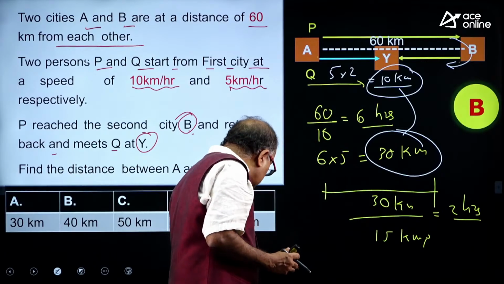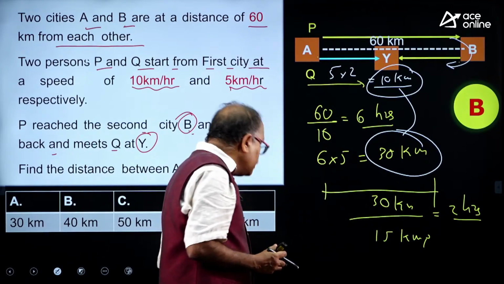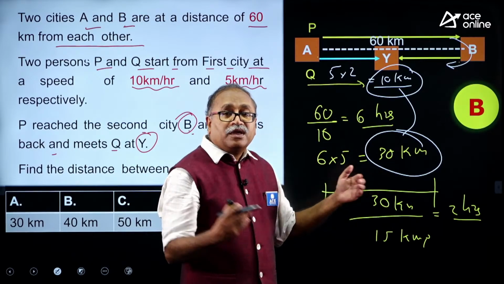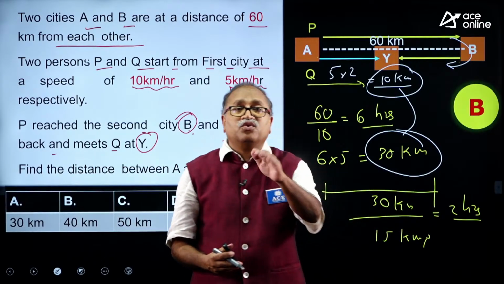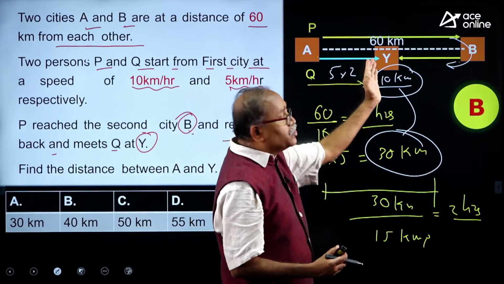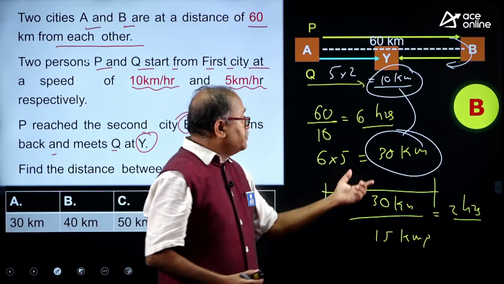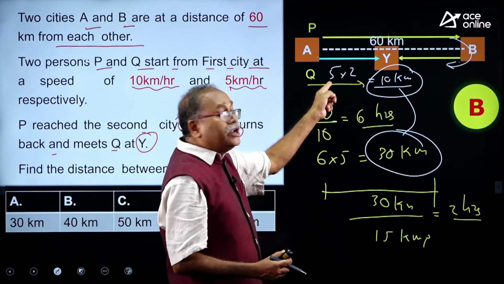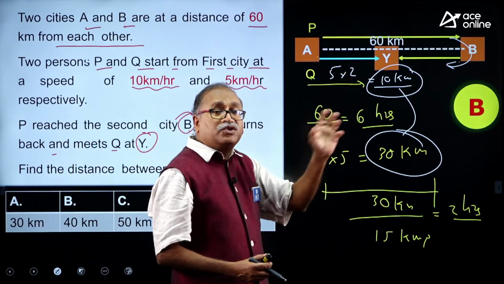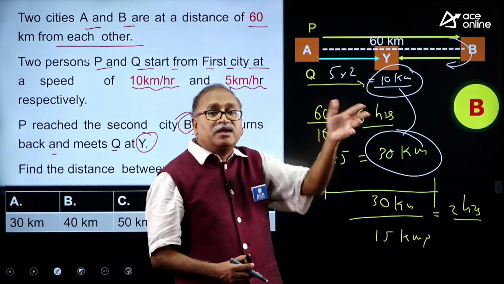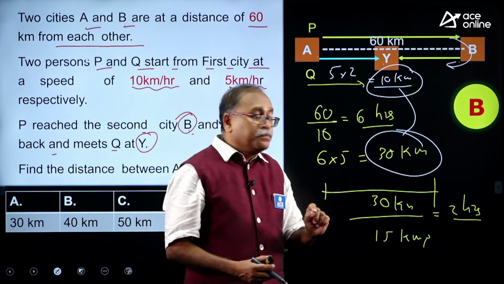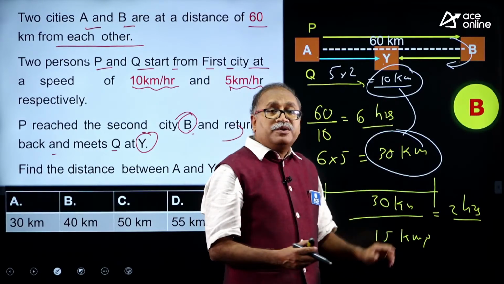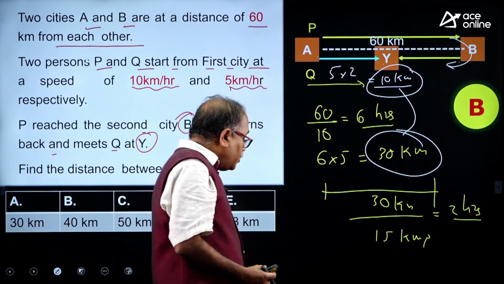With the relative speed, that is 10 plus 5 is 15, it takes another 2 hours. That means Q is moving another 2 hours after 30 km. So, speed is 5 km per hour, in another 2 hours, that is 10 km further, and there he meets at Y. So, that is another 10 km, 30 plus 10 is 40.